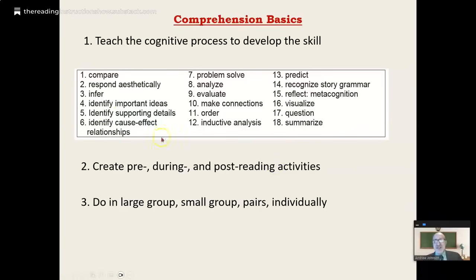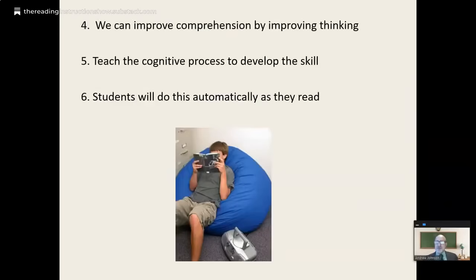We teach each of these specifically so students are able to automatize it and to do it automatically. We create pre, during, and post-reading activities that involve one or more of these. We do this in large groups, small groups, pairs, and individuals, and they're eventually able to internalize and do these things automatically. We can improve students' ability to comprehend by improving thinking.